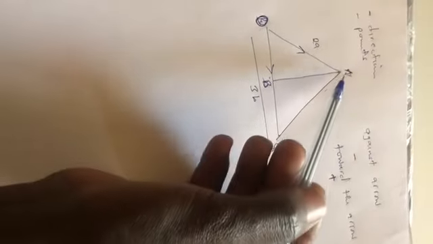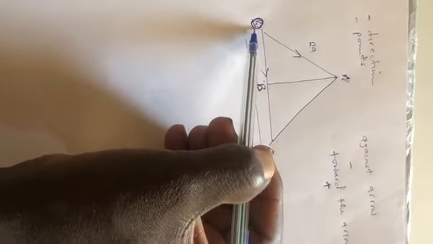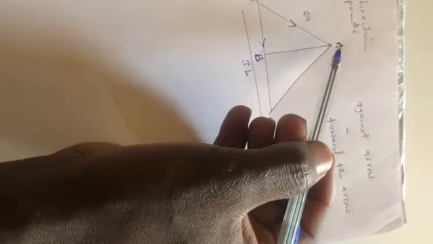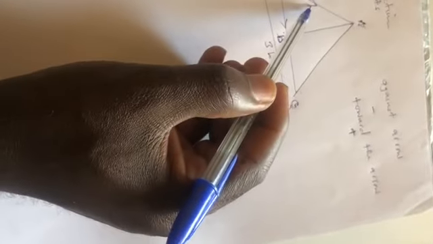So now, to begin with, for instance, we have this one. For us to find AC, we have to move from A to O, then from O to C. Already this distance here, we are going to consider as a negative. So it will be a negative OA, because the arrow is facing this side.